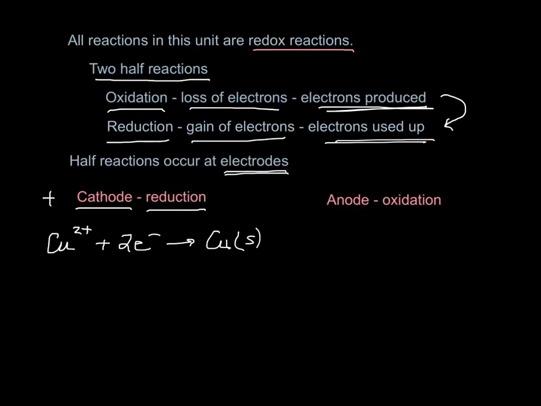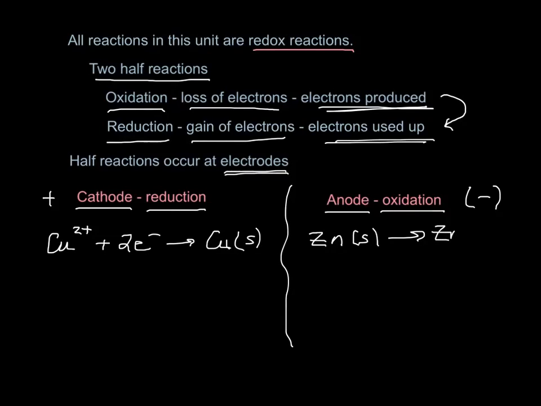So at that cathode, that electrode, I might have a reduction taking place. At the anode is where the oxidation takes place, and the anode is negative. So this is where we have, say, for instance, zinc solid producing zinc ion and 2 electrons.